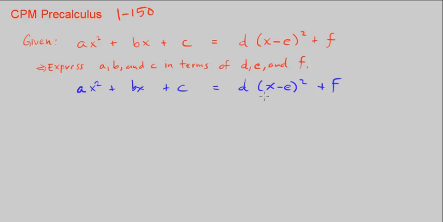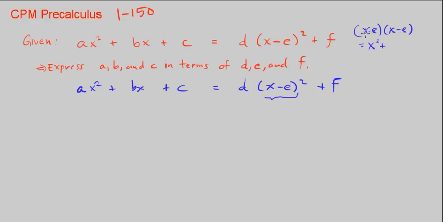Let's first multiply this out. We have x minus e squared, so that's x minus e times x minus e, and we can use any method to do this. Right now I'm going to use FOIL. The first terms are x, multiplied together.